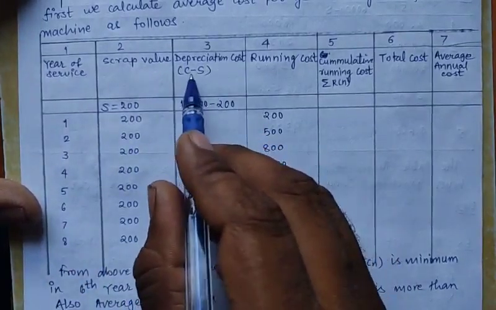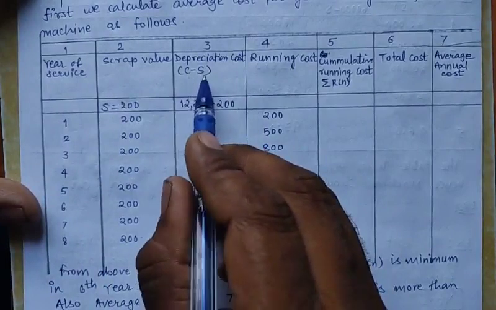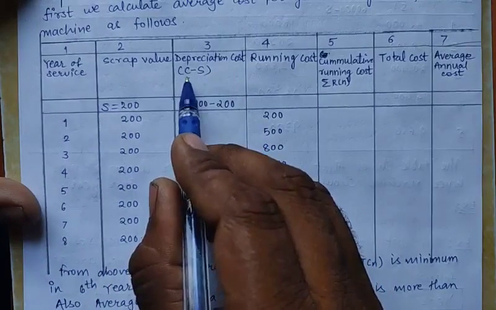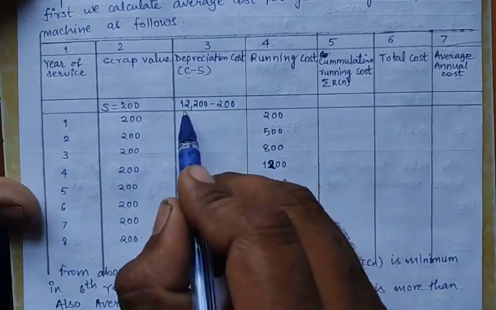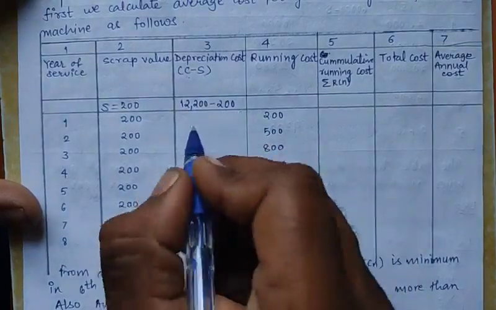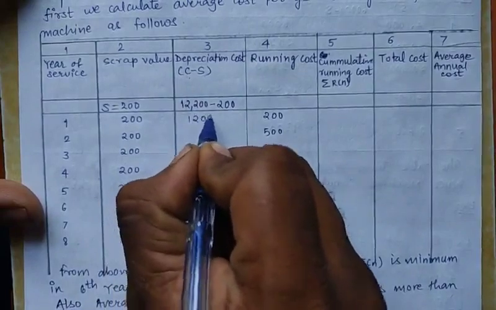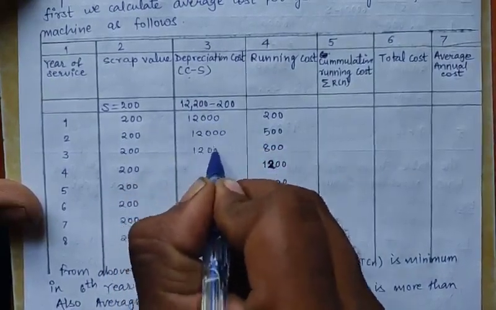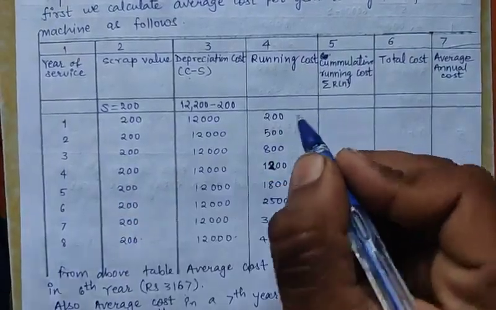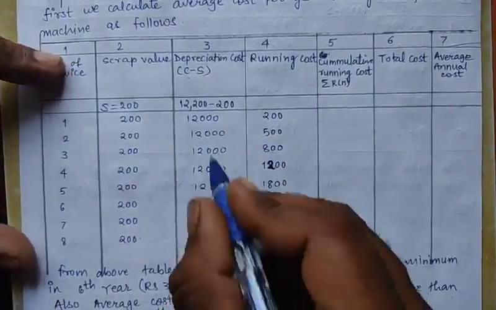So depreciation cost is calculated by using formula C minus S. So C is cost of machine and S is scrap value or salvage value. So 12,200 minus 200, so we get 12,000 for every year. So this is again 12,000.